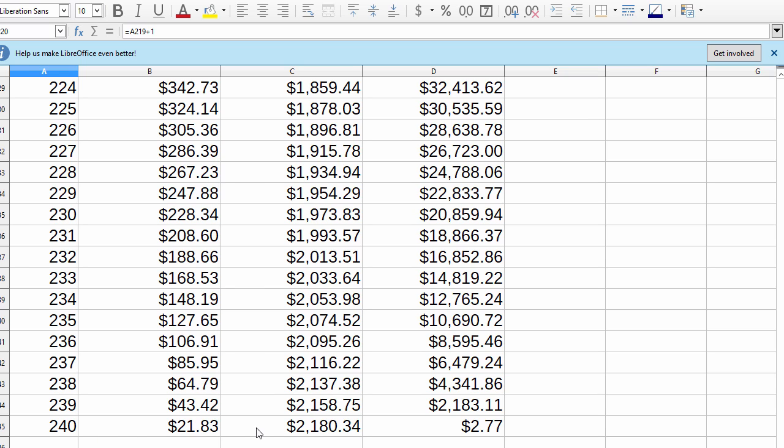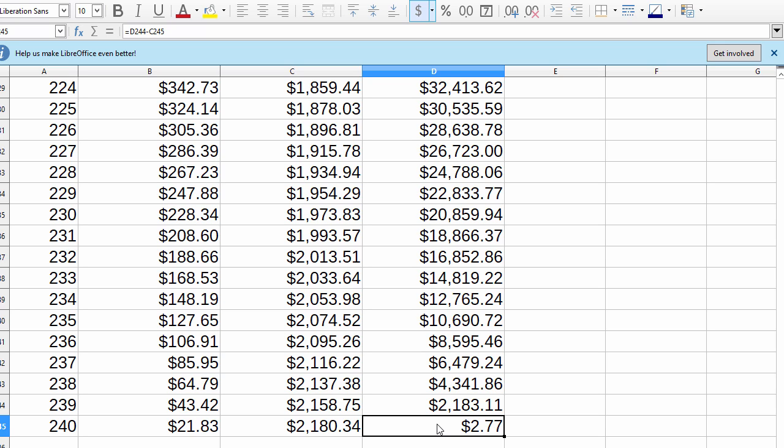And after the last payment, after payment 240, that didn't drop to exactly 0. Why is that? Well, remember how we got all of those awful decimals as we kept going? And we rounded all of them to the nearest cent? Yeah, that $2.77 is round-off error.